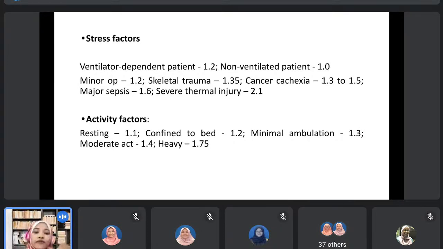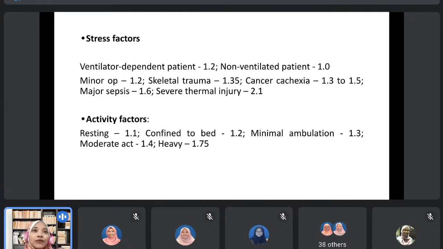If the patient is ventilator dependent, you need to include the stress factor of 1.2, non-ventilated 1.0, minor operation 1.2, skeletal trauma 1.35, cancer cachexia between 1.3 to 1.5, major sepsis 1.6, severe thermal injury 2.1, and also activity factors: for a resting patient 1.1, confined to bed 1.2, minimal ambulation 1.3, moderate activity 1.4, and heavy 1.75.